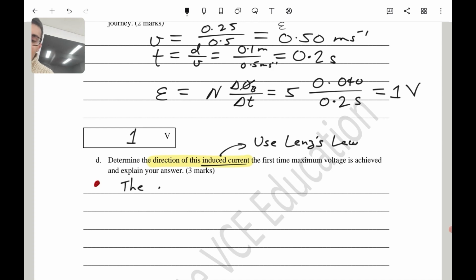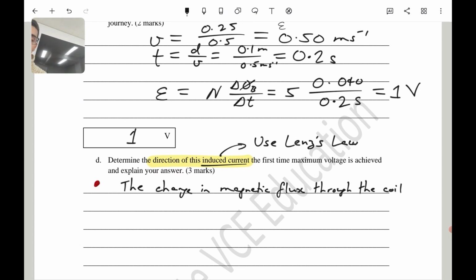The change in the magnetic flux through the coil is increasing upwards.